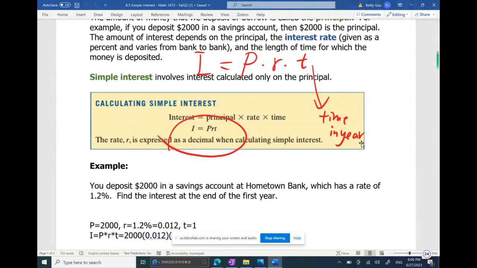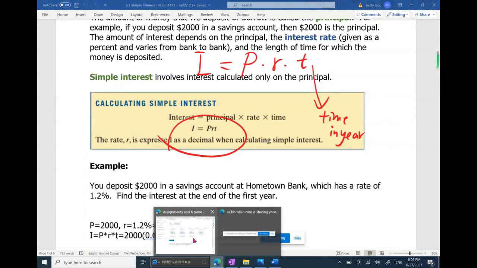But if you borrow the money for 18 months and you need to calculate the interest amount, please do not plug in t equals 18, because t here must be time in years. How many years in 18 months? I'm asking if you can answer my question.